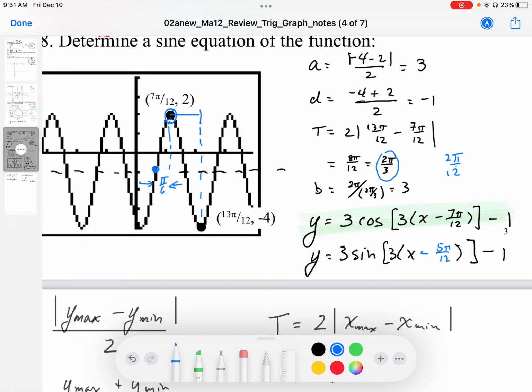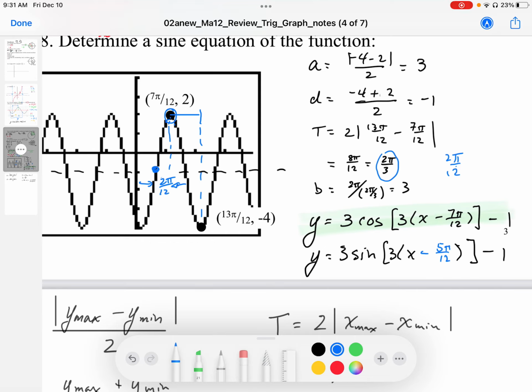Okay, so there's lots of different ways to do this, but the way I did it was I found a quarter period and I worked backwards from that position. The 1/4 period is pi over 6, and again, since we're going to subtract that from a pi over 12 fraction, I'm going to leave that as 2 pi over 12.